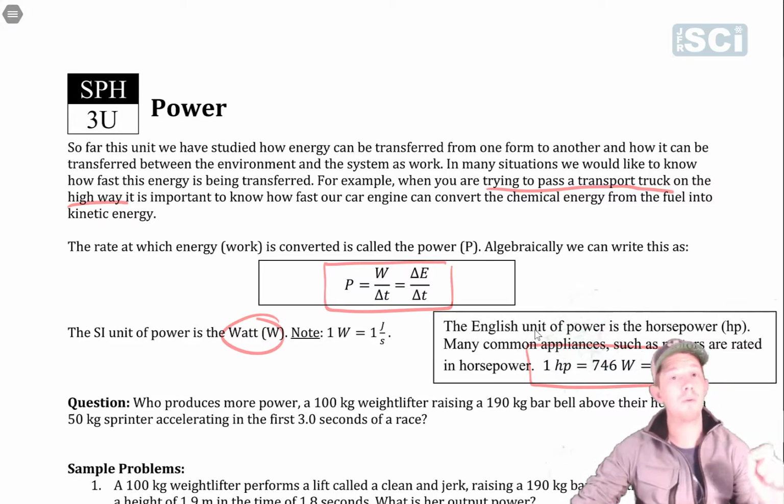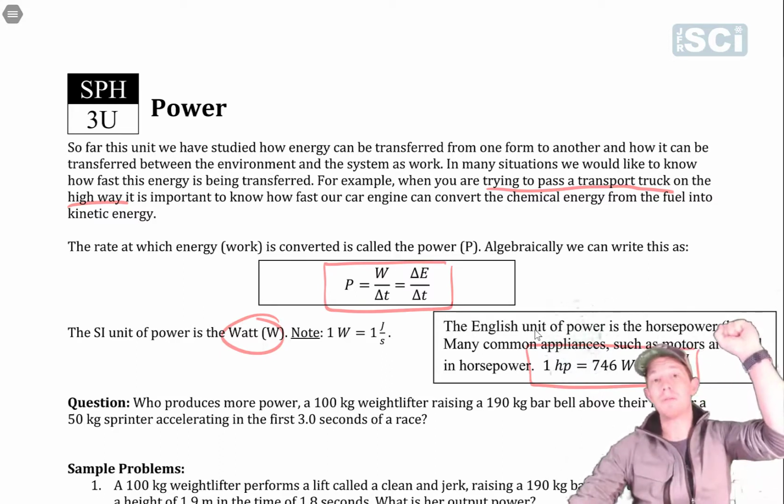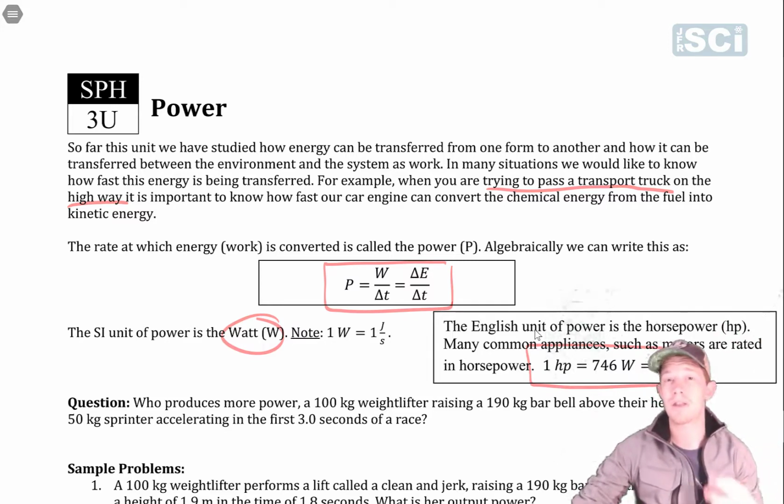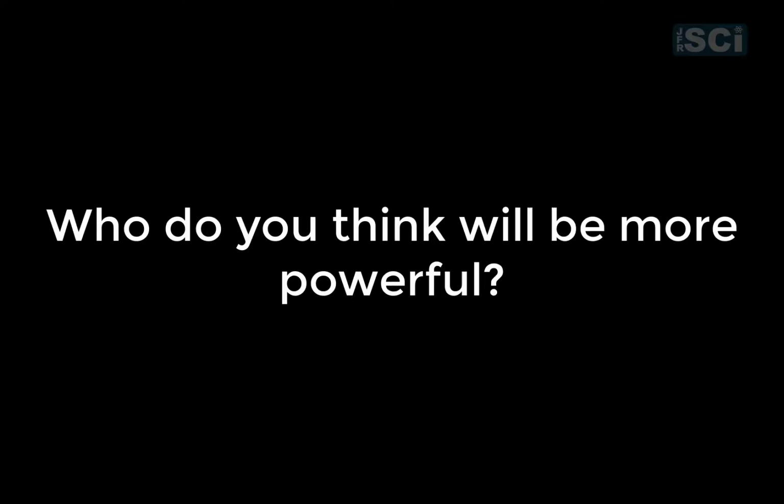I want to know which of these two people exerts more power. The weightlifter is going to do a simple quick lift above their head, and the sprinter is going to take 3 seconds to accelerate. So I'm going to pause the video. Think about which of these two athletes exerts more power.